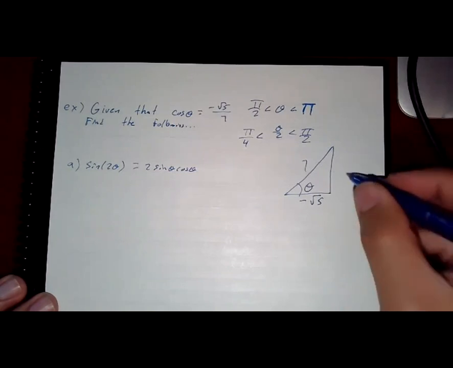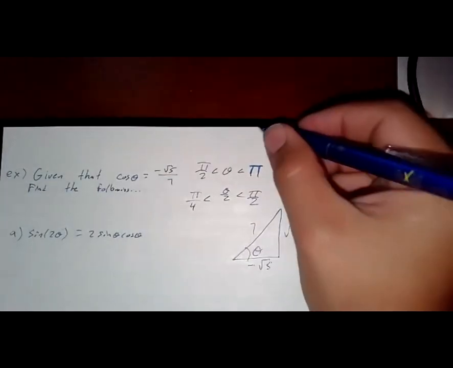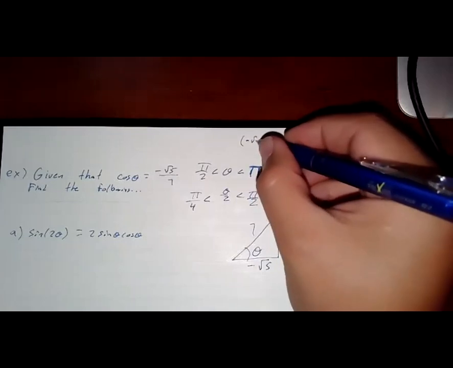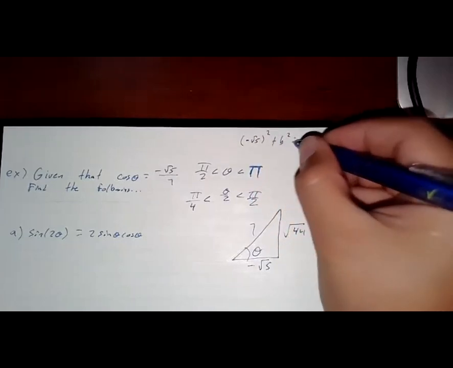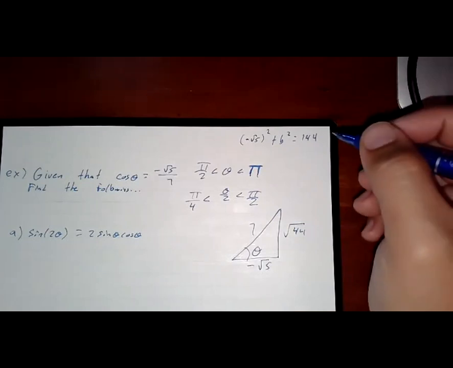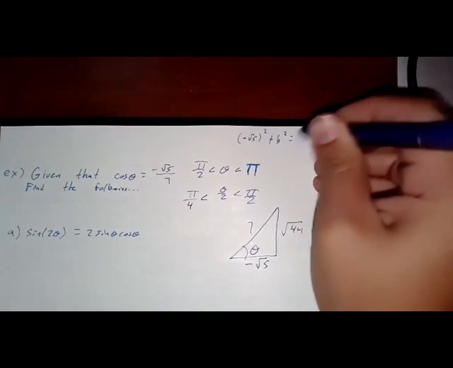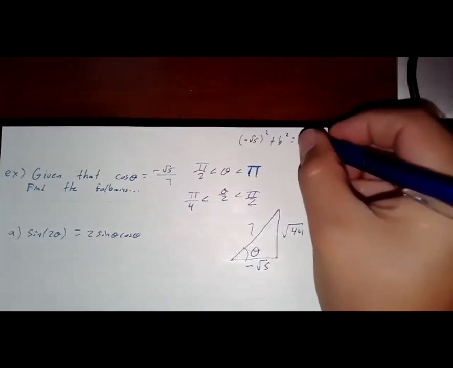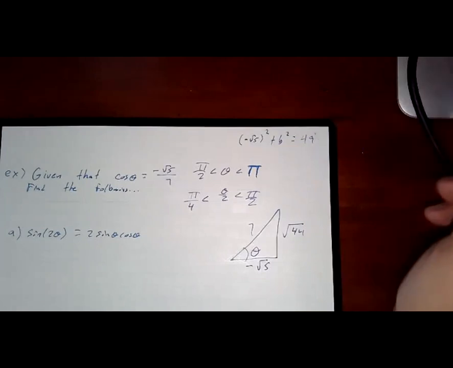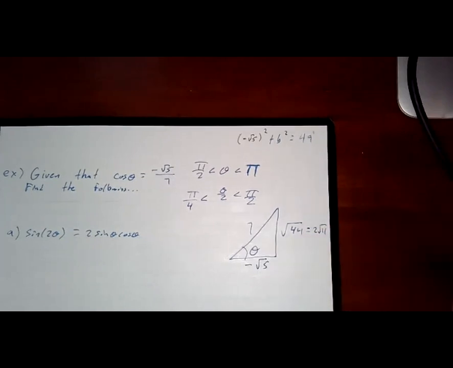Doing a Pythagorean theorem, this would be root 49 minus 5, which is root 44, which is really 2 root 11. And this part will be positive because sine is positive here.